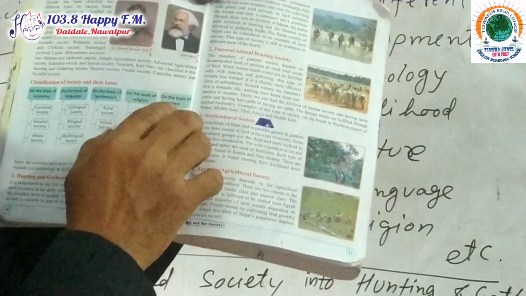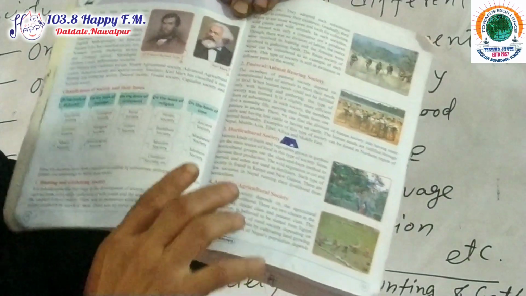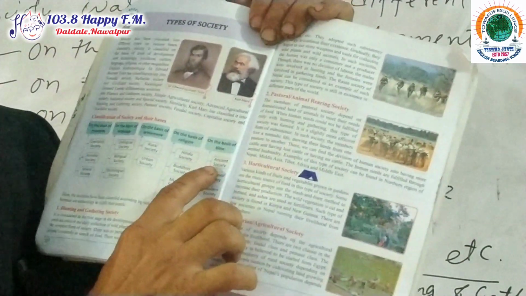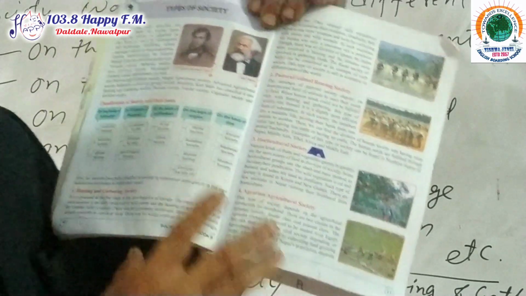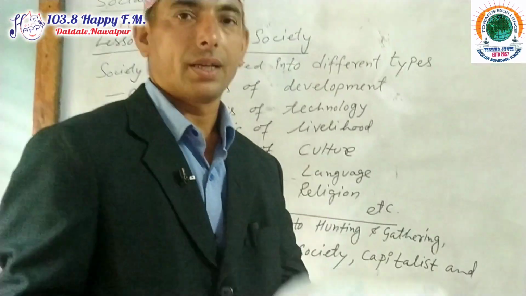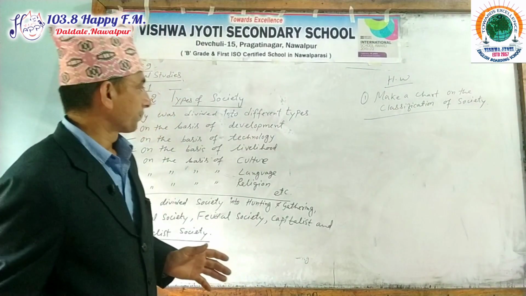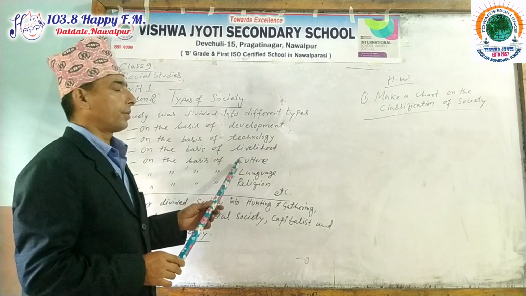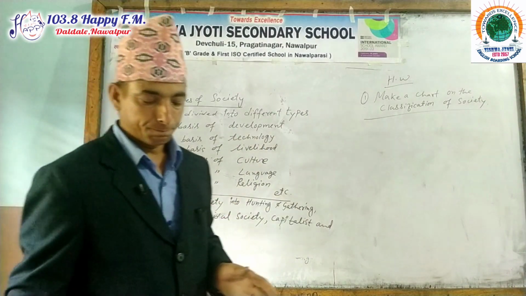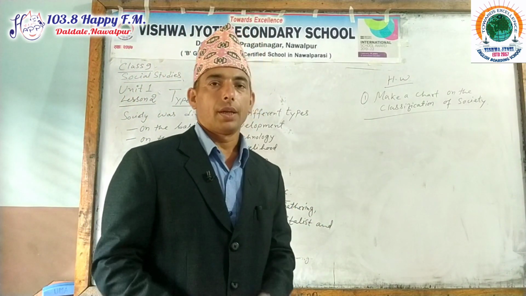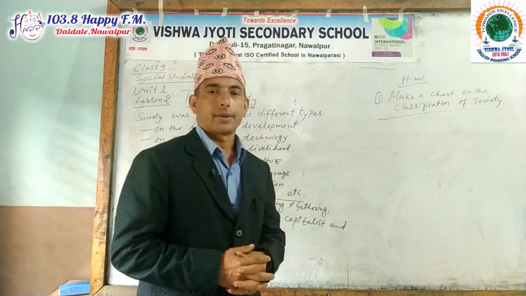Society is also divided on the basis of time: ancient society, medieval society, modern society. It's very clear: society based on livelihood, culture, language, religion.